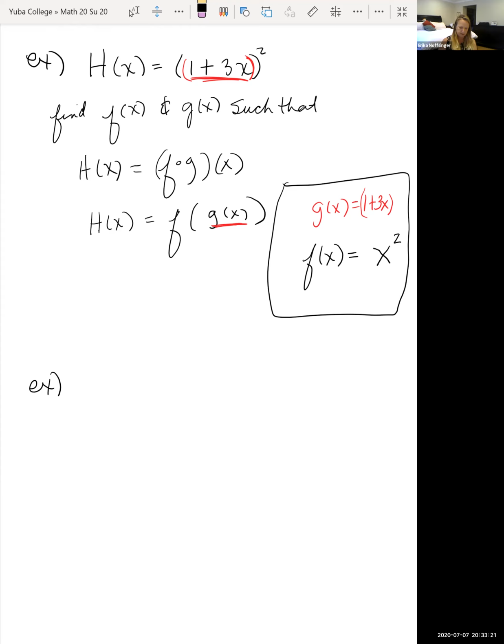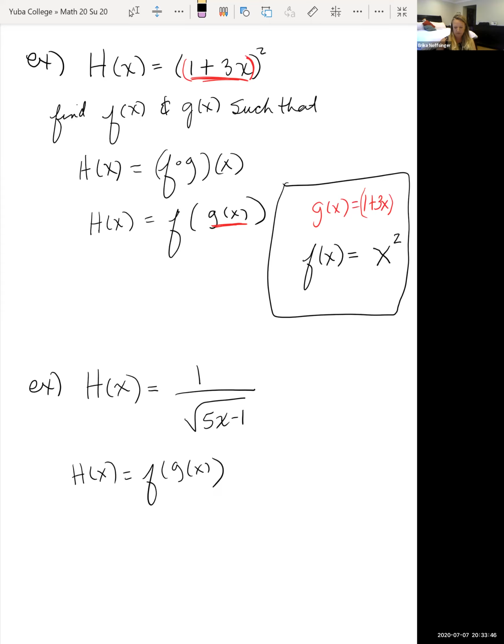So what about h of x is equal to 1 over the square root of 5x minus 1. So same directions, find f of x and g of x such that h of x is equal to f of g of x. So let's do it two different ways.